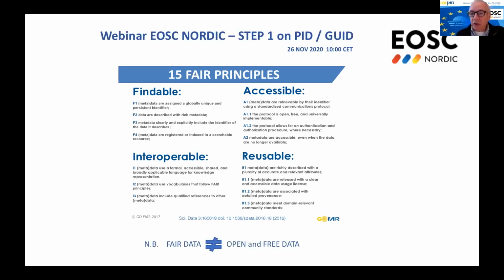And not only for the human eye, but mainly for machines. Let me repeat that, not only for the human eye, but mainly for machines. It's a very important statement. The machine should be able to find, access, interpret, and reuse the data and metadata of a repository. It's about machine actionable data and metadata. So let's keep that in mind.